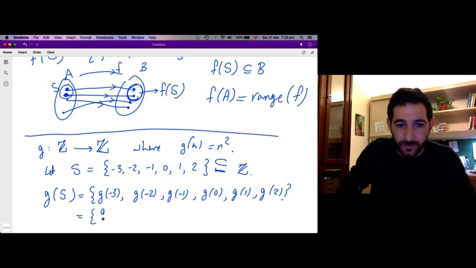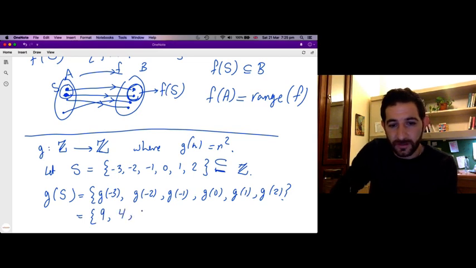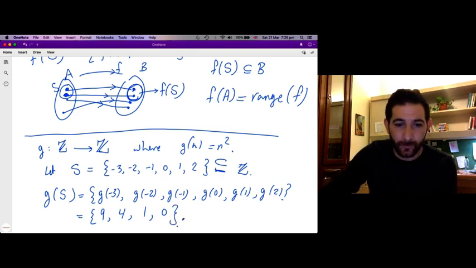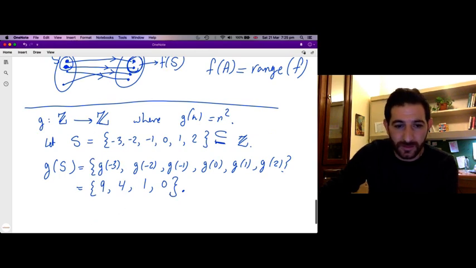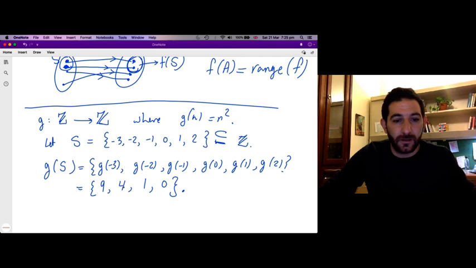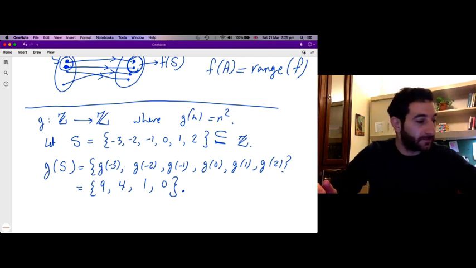It's minus 3 squared, which is 9, and then the image of minus 2 is 4, the image of minus 1 is 1, the image of 0 is 0, the image of 1 is 1, the image of 2 is 4. So this is 9, 4, 1, 0. The set containing these elements is the image of S.